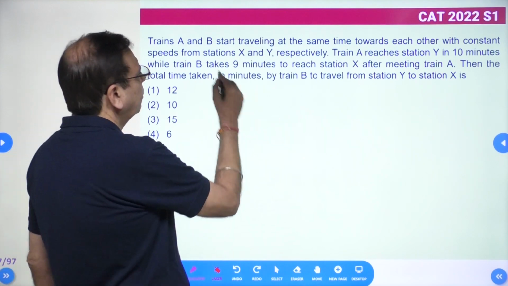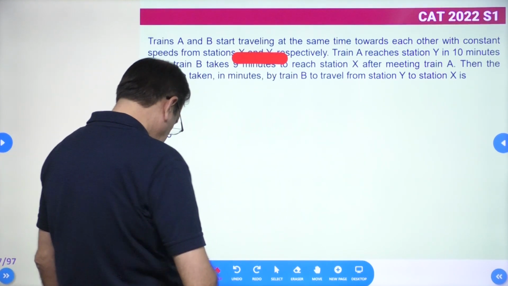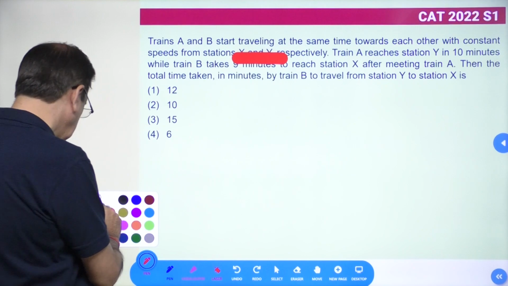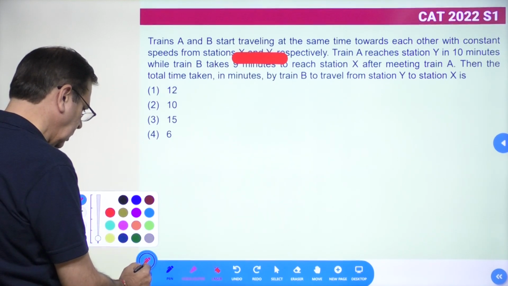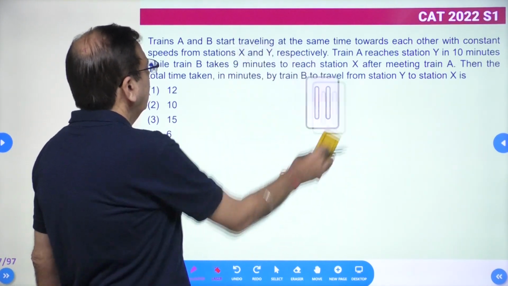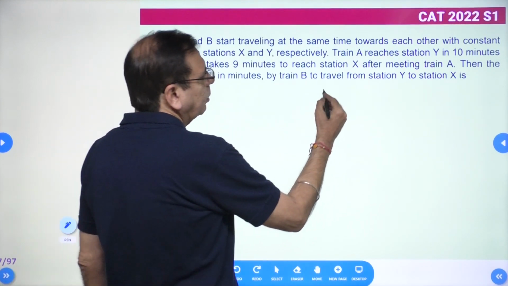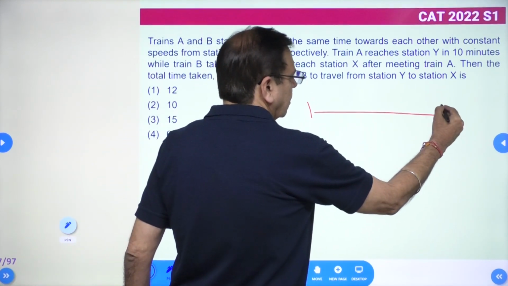Trains A and B start traveling at the same time towards each other with constant speed.